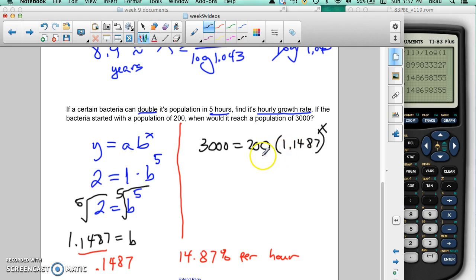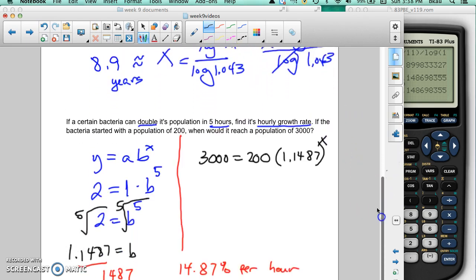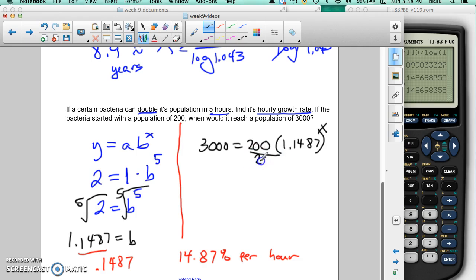So this would be how I'd set up the problem to solve it for time here. We go through the same process as we did up here. We're going to divide by 200. We're going to get 2 zeros to drop off here. So we got 30. This is going to be 15 equals 1.1487 to the x power.